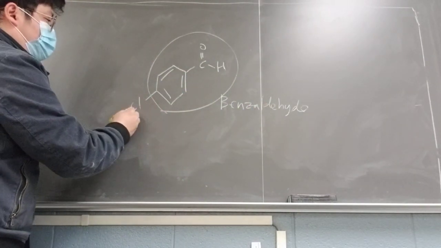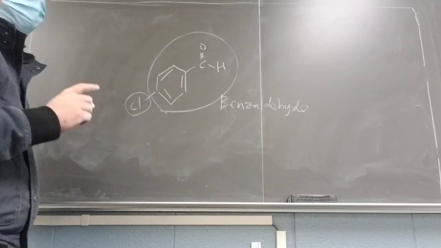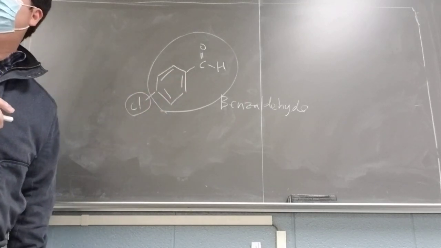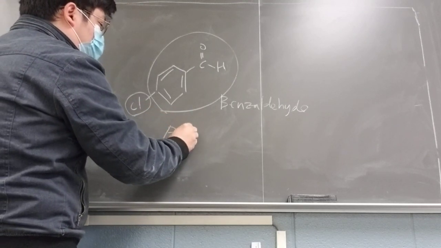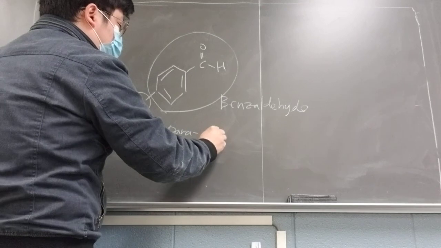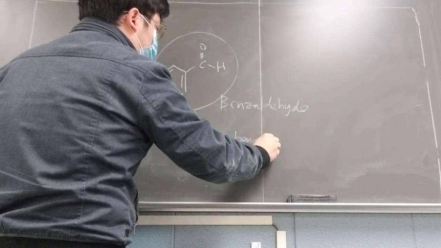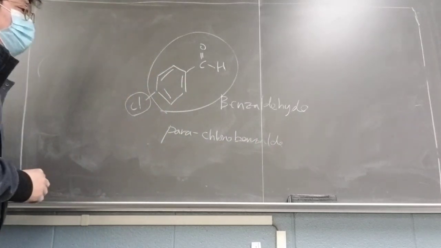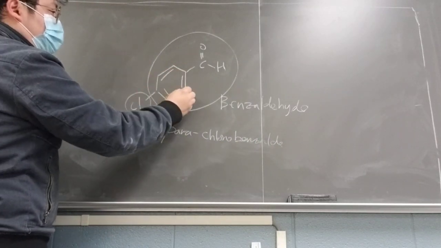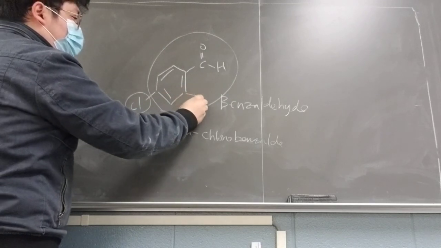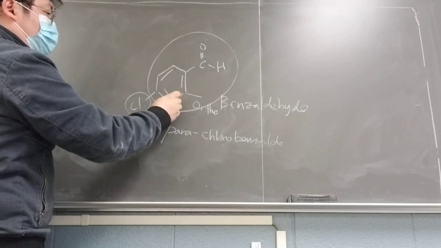And you have a chlorine on here. You can say 1, 2, 3, 4, but there's a better name for it. If you guys remember this, we can put para-chlorobenzaldehyde. Okay. So para means it's on the opposite side. If it's in here, it'll be ortho. If it's in here, it's meta.